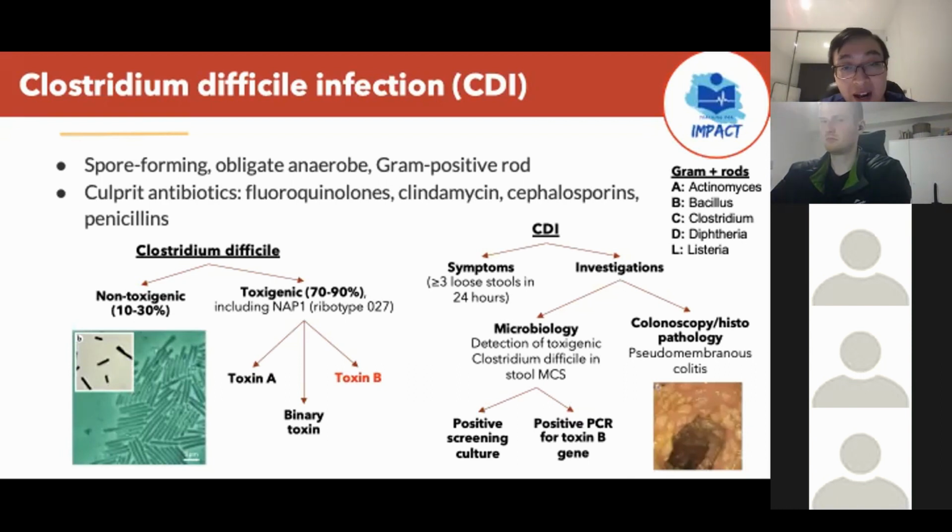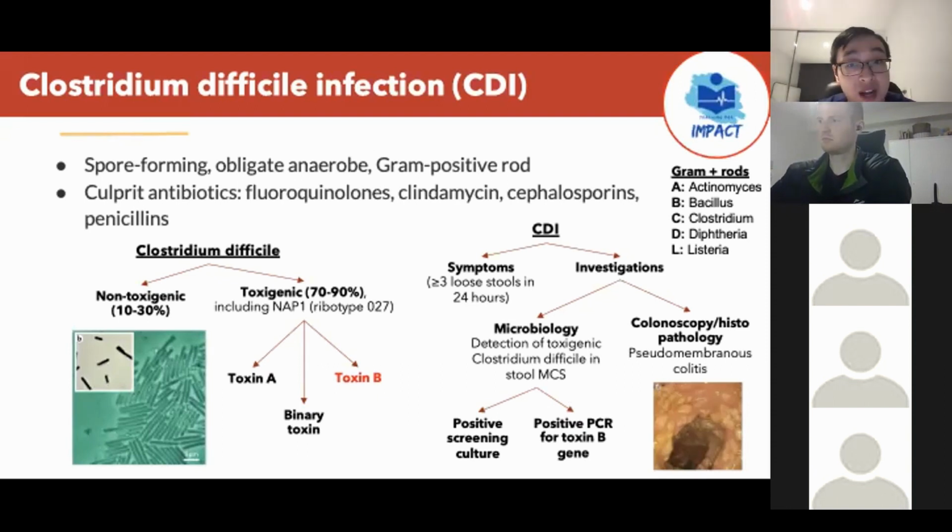So, if you have a patient who has been on a course of antibiotics and starts developing diarrhea, more than 3 loose stools in the past 24 hours, you'll suspect Clostridium difficile and ask the nurses to send away a stool MCS. The stool sample is collected and sent to the lab.